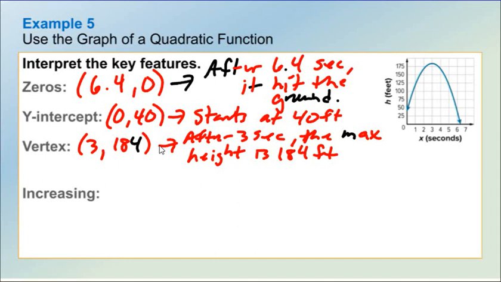And then it's increasing. When is it going up? It's going up, increasing when x is less than 3 seconds. So when x is greater than 0, but less than 3.